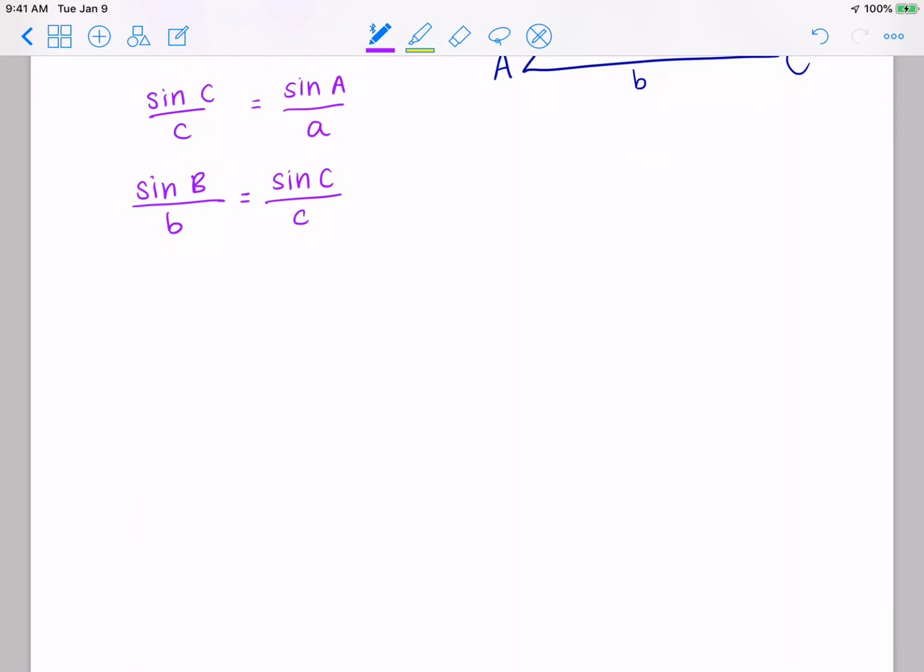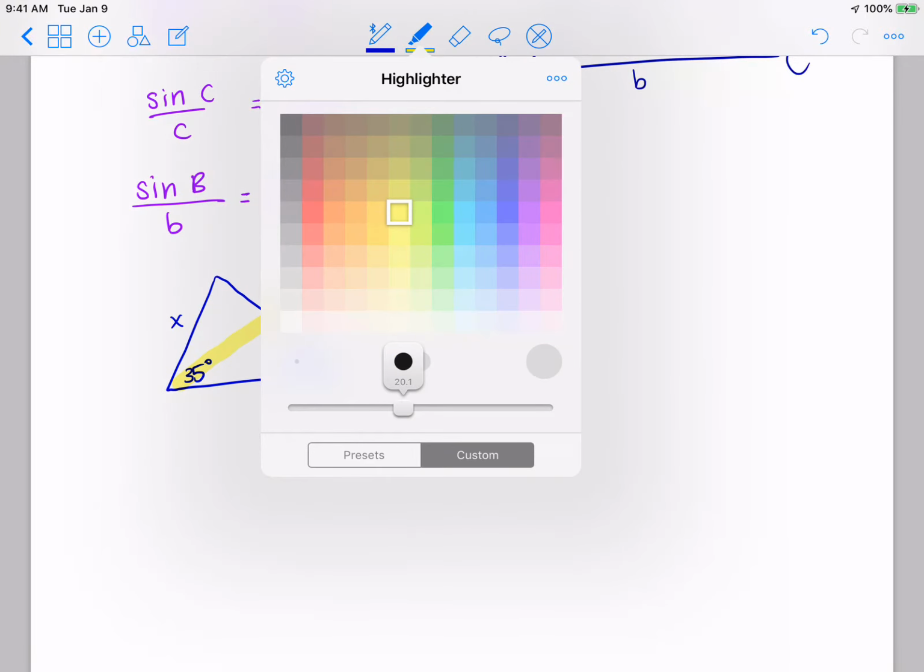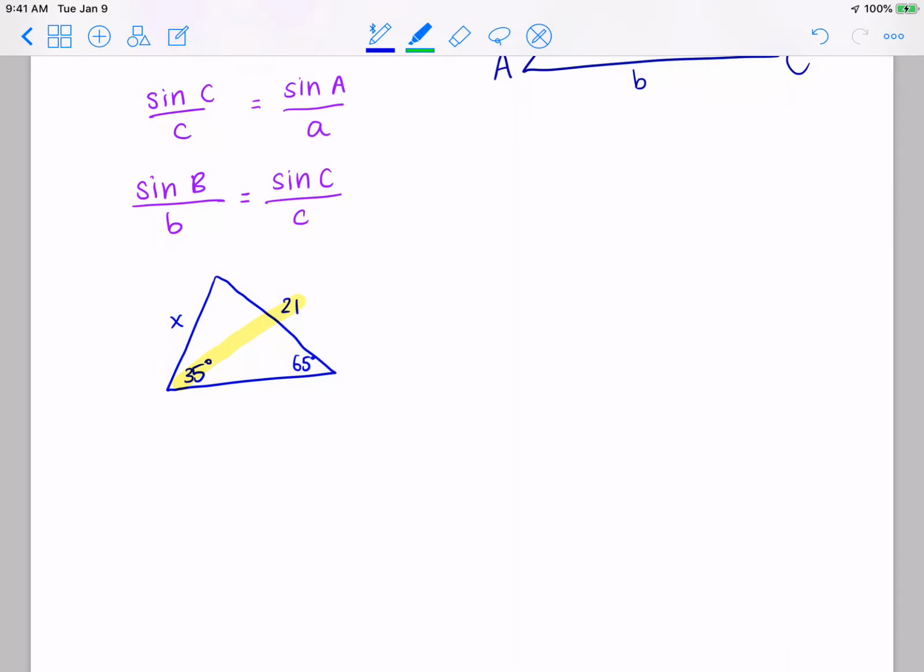Okay, so let me show an example. If I have a triangle that has an angle and another angle, x and 21, like that. This one is very straightforward. You have a pair and you have another pair right here.